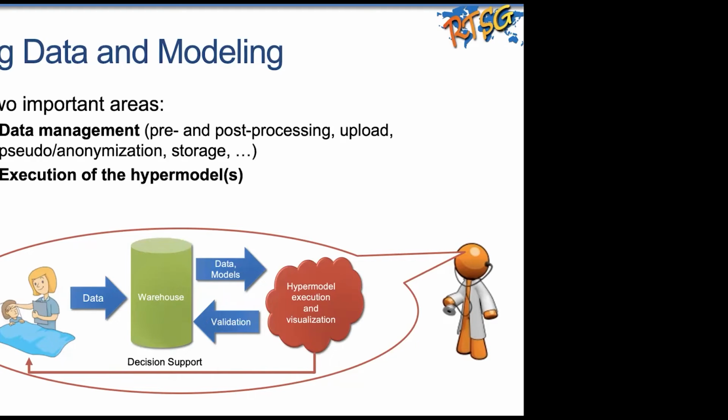From a clinical perspective, there are two important areas. The first area is the question of data management: how to get all the data together in due time, meaning also pre- and post-processing, uploading of data, pseudo-anonymization of the data, etc. And then how to execute the model.